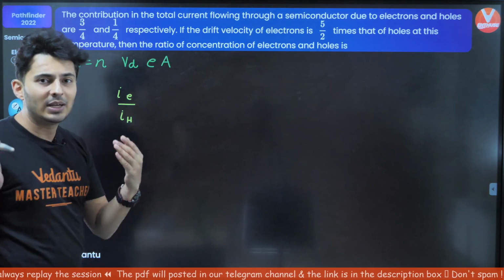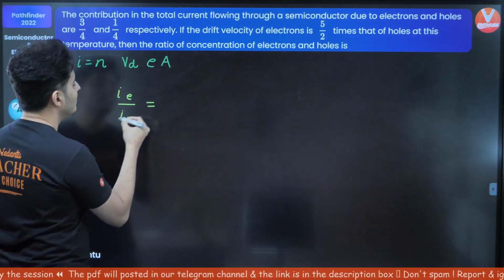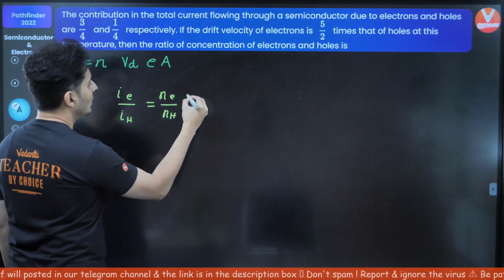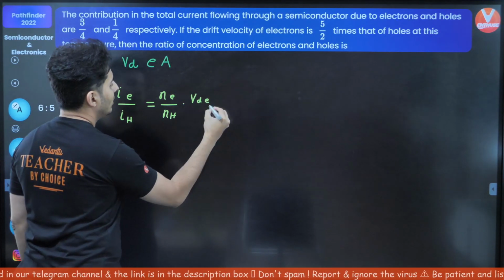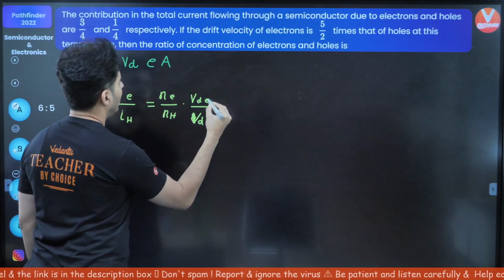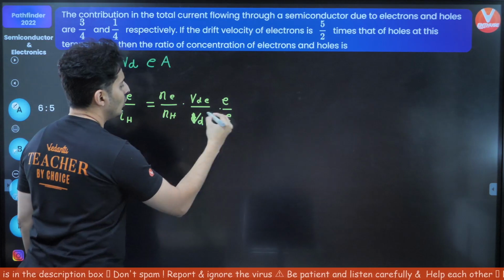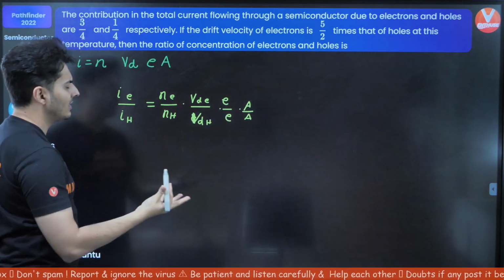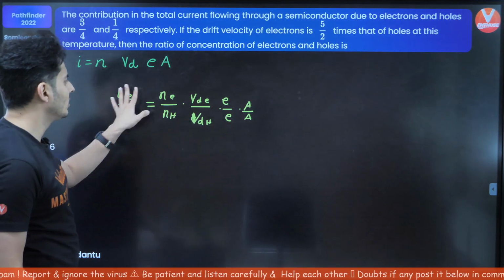Probably that will eliminate a few of the things. So Ie by Ih will be Ne by NH into drift speed of electron upon drift speed of hole into electron charge upon hole charge, which is the same. Area is obviously the same. E and A get cancelled. I just have these two terms left.